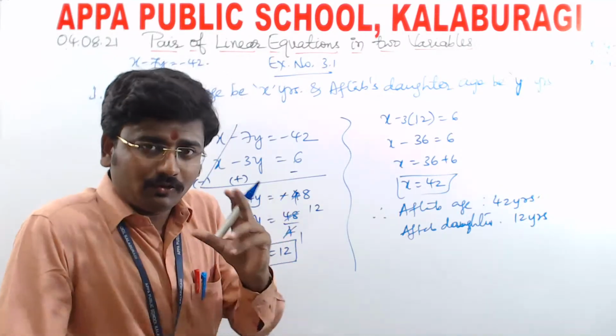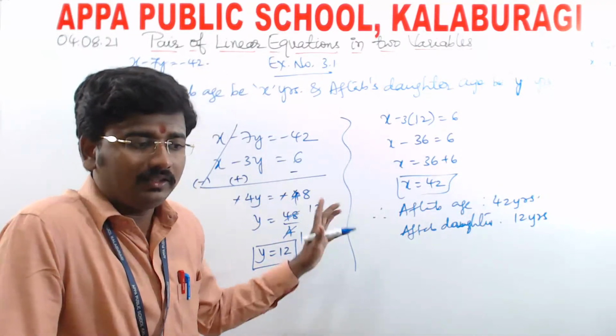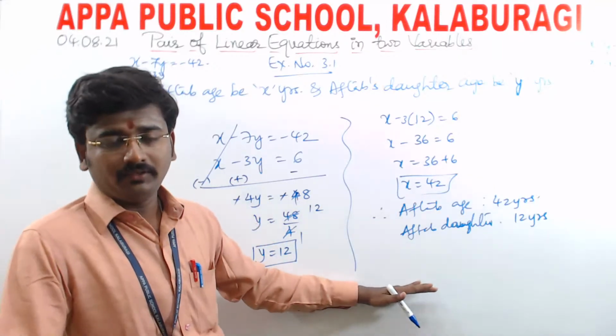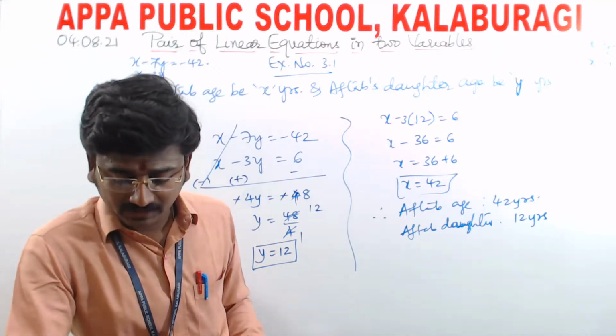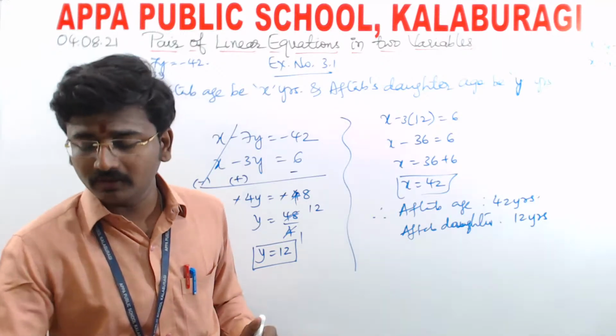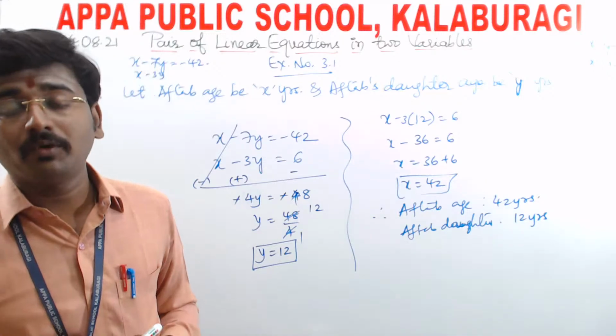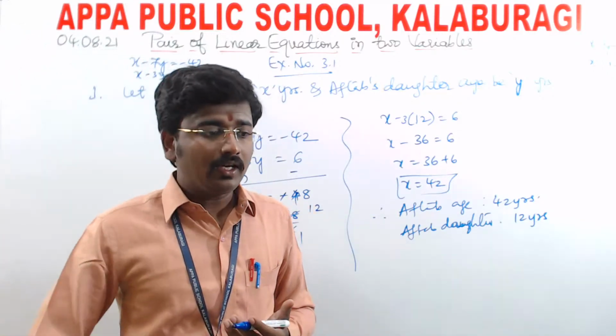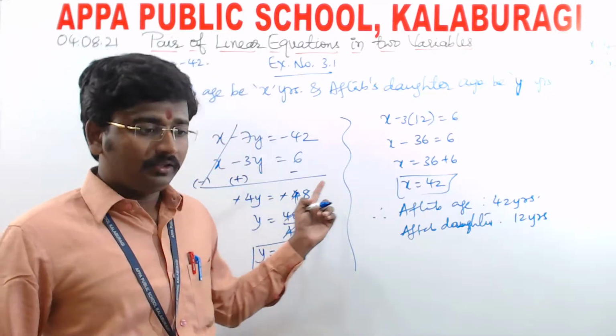So when I solve the graph also, I can get these values, 42 as well as 12. This graph is quite interesting. I will solve the graphical part of this. At least in the exam, if they ask such a question, find their ages, then you have to apply the elimination method, because right from the third exercise we have such problems, and even those problems I can represent graphically. I hope you have understood.